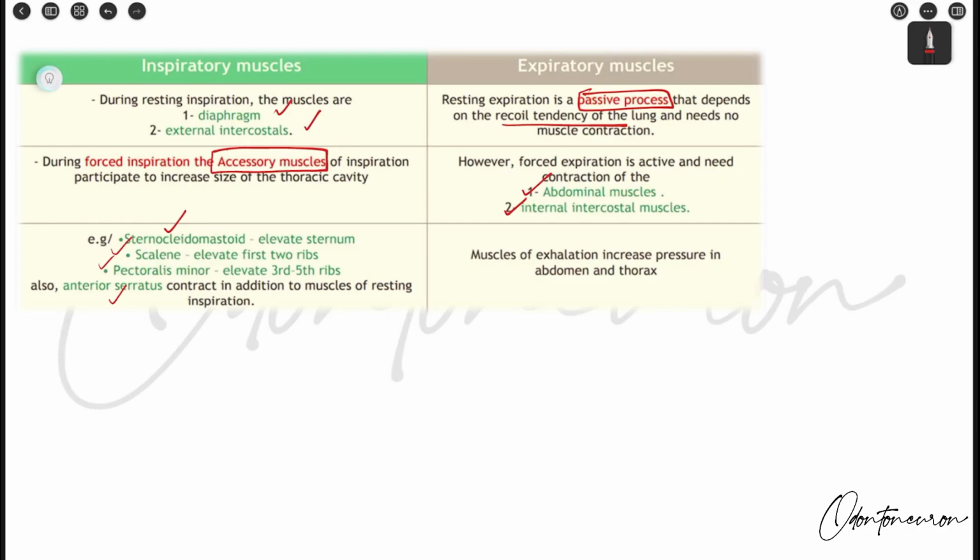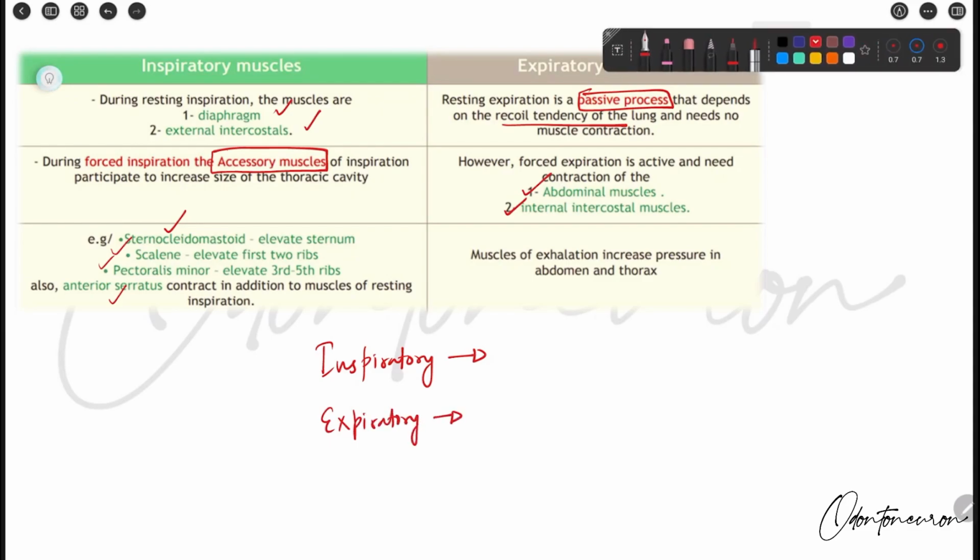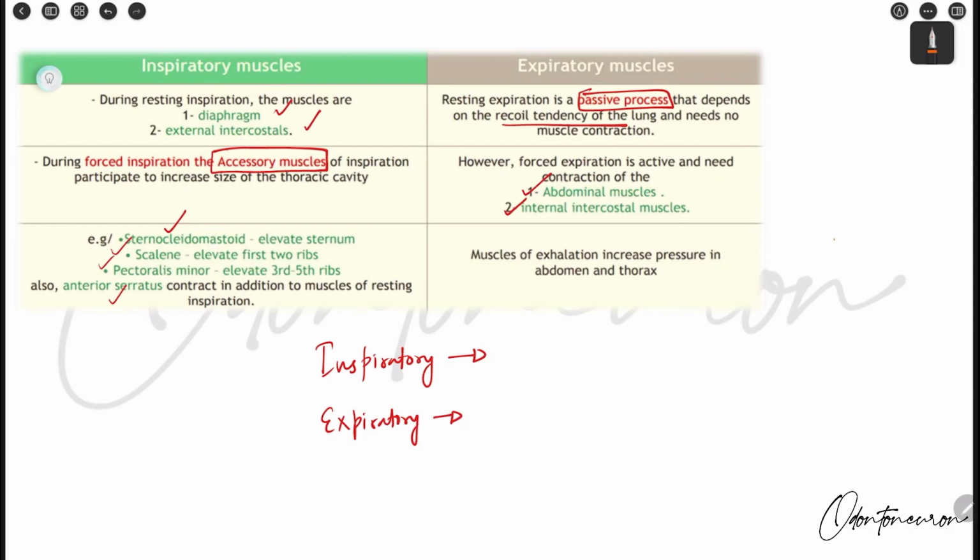Now you have to know how to remember these muscles. Simple. We have inspiratory and expiratory, two different concepts in which you have to remember muscles. When it comes to inspiratory, remember the opposite: I for E and E for I. So I is E, so it's external intercostal muscles.